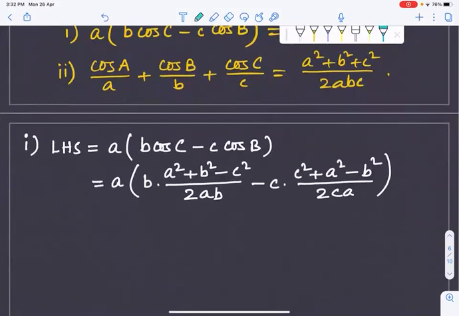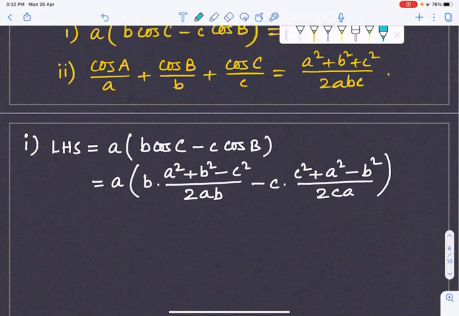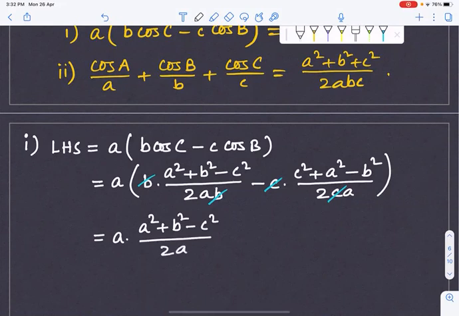Now we can see that some terms are getting cancelled, like first of all this B is getting cancelled with that B, this C is getting cancelled with that C. And then when I multiply again, it will be A into A square plus B square minus C square by 2A minus A into C square plus A square minus B square divided by 2A again.